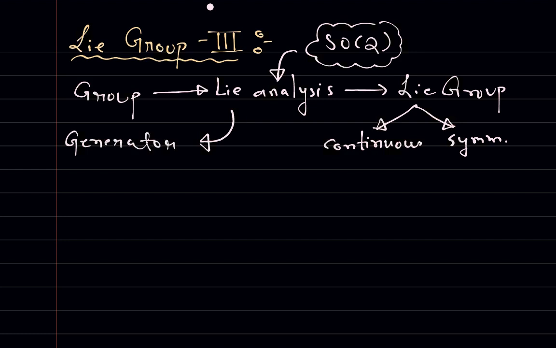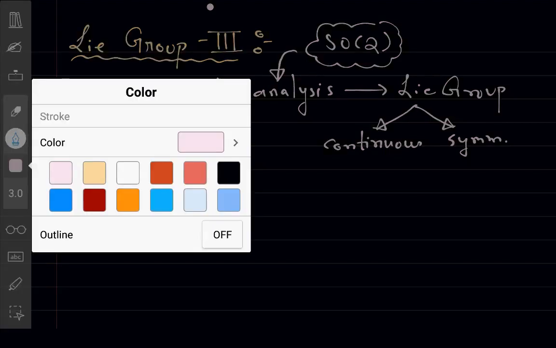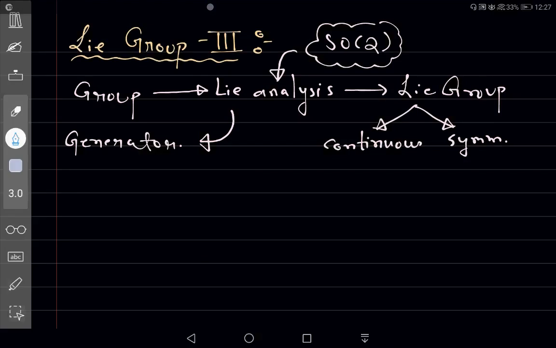So the question is, if I give you a group, is it possible to find a generator for that kind of group? All those groups that have this generator thing with them fall into the category of Lie groups. That's it. Now the question is, how does the idea of a generator arise? Again, the hints are hidden in SO2.